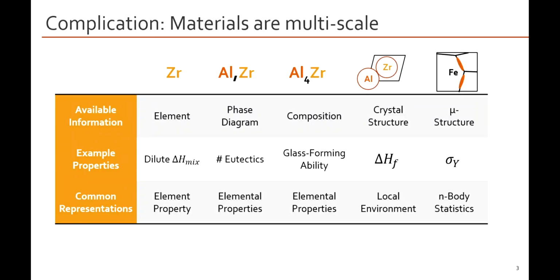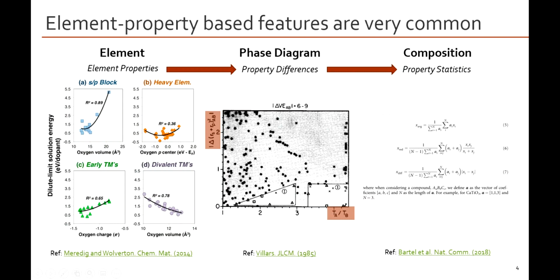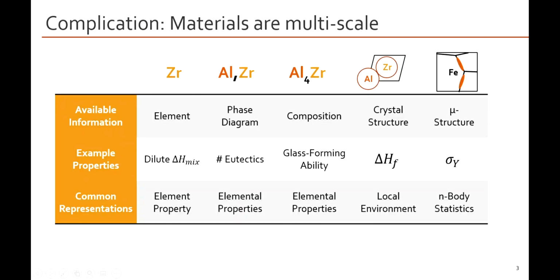So considering that materials, when we think about them for machine learning, are multi-scale, you can really run into problems where you have to take many different types of information into account when modeling a material. When I say think about inorganic materials in particular, you can imagine a range of different types of data that you might encounter. Say you have a problem where you're trying to predict the mixing enthalpy of a dopant inside of another material.